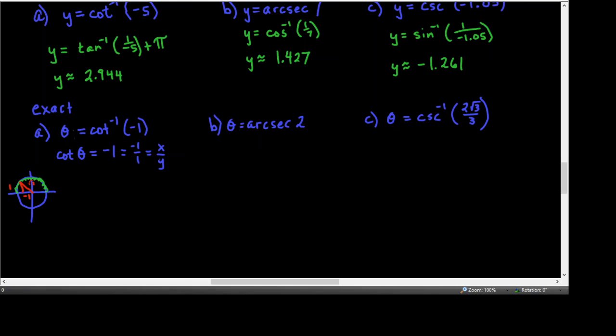And in this quadrant, if the reference angle is pi over 4, I know you were thinking 45 degrees, because so did I. What is that angle? That angle is 3 pi over 4. Okay, does that make sense, what we're doing there? So that's what the value of cotangent inverse of -1 is. It's 3 pi over 4.